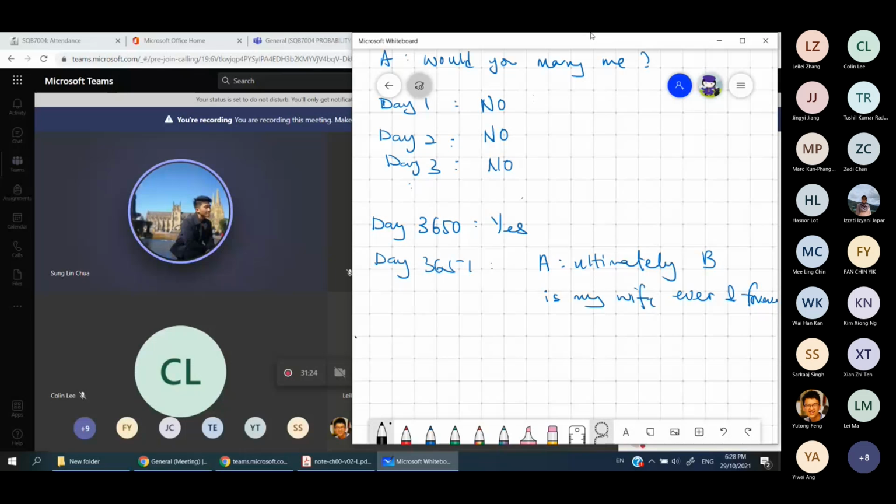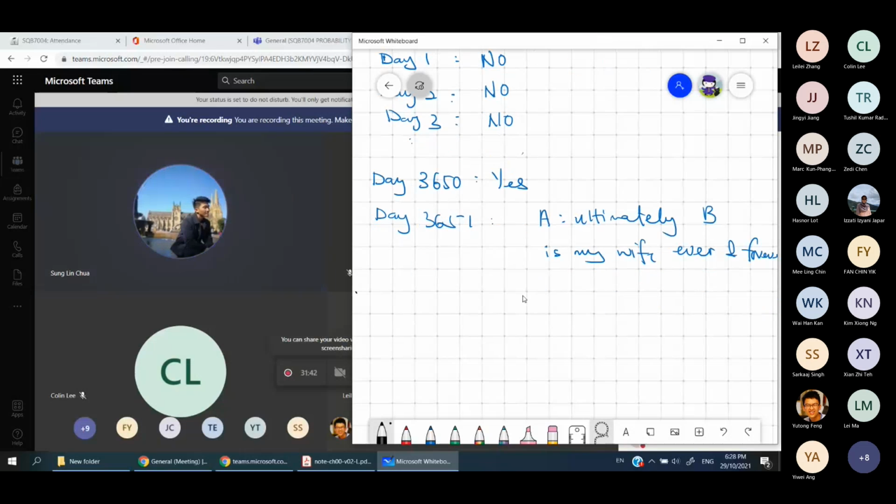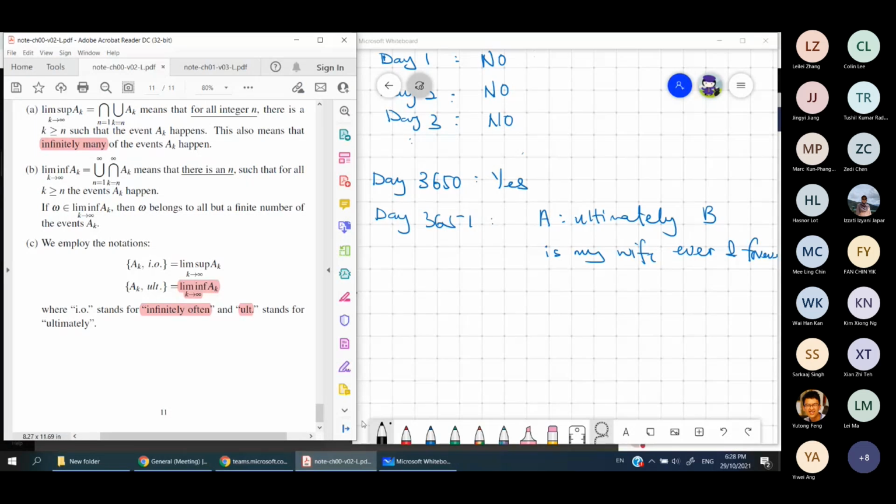Okay, that one we can't say unless you give me the probabilities of the game. We don't know whether it's a fair game or not. Just assume it's a fair game, and if he loses he loses $1, if he wins he gains $1, and eventually he will be ruined. So is it an ultimate event?